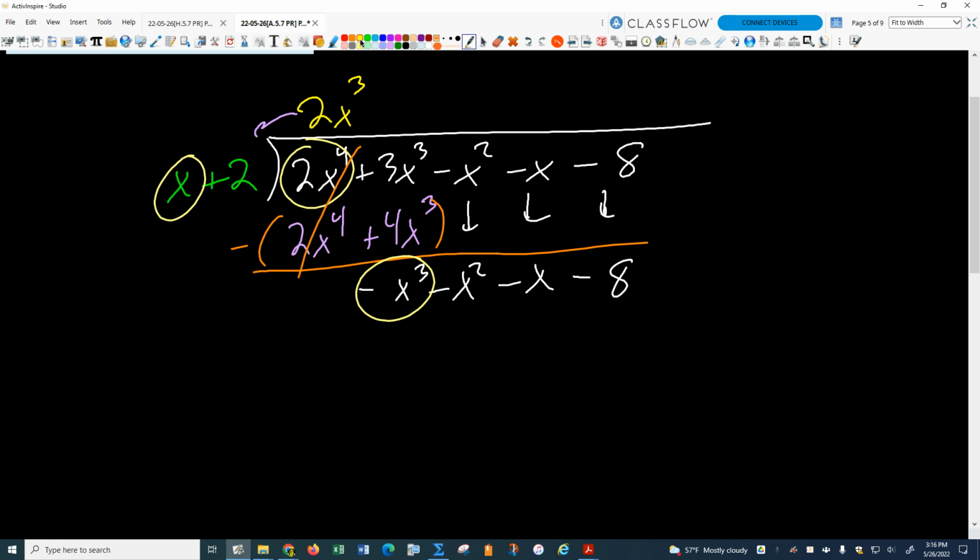X times what is negative x cubed? Wouldn't that be a negative x squared? See what I'm saying? Does that make sense? Okay. So I'm going to distribute the negative x squared. Negative x squared times x is negative x cubed. Negative x squared times 2 is minus 2x squared. Okay, Caitlin, what do I do next after I multiply?